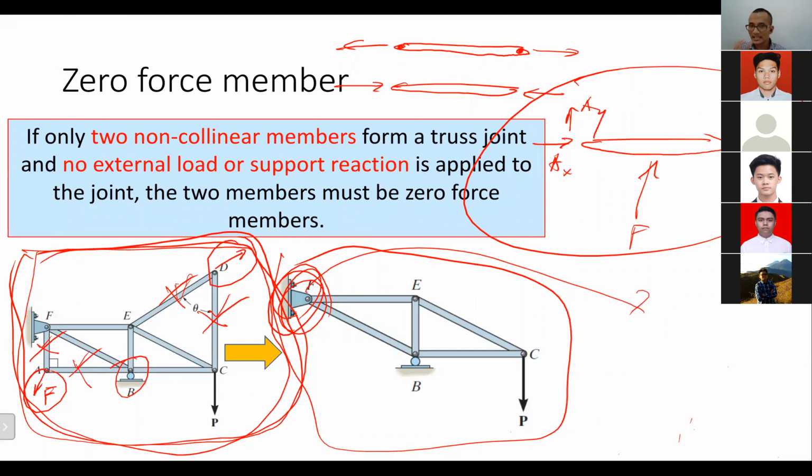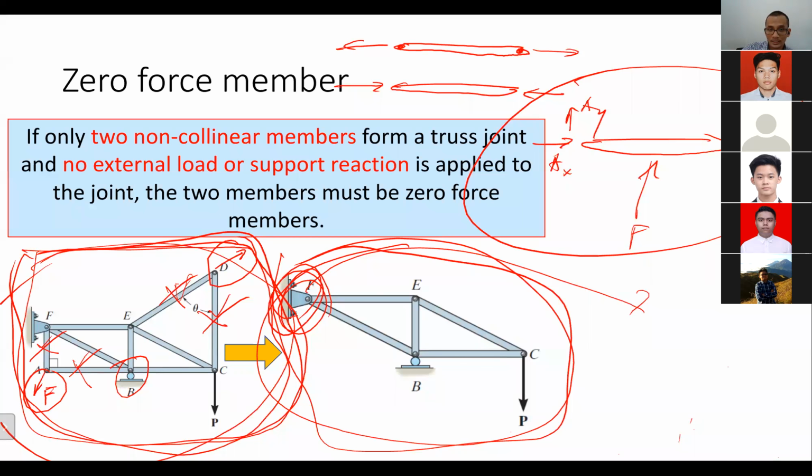So basically, if from one particular joint a member is already determined as a zero force member, then what you're supposed to do is just delete it, because it will not have an effect on the other joint as well. That's why we can simplify this particular problem into this one.